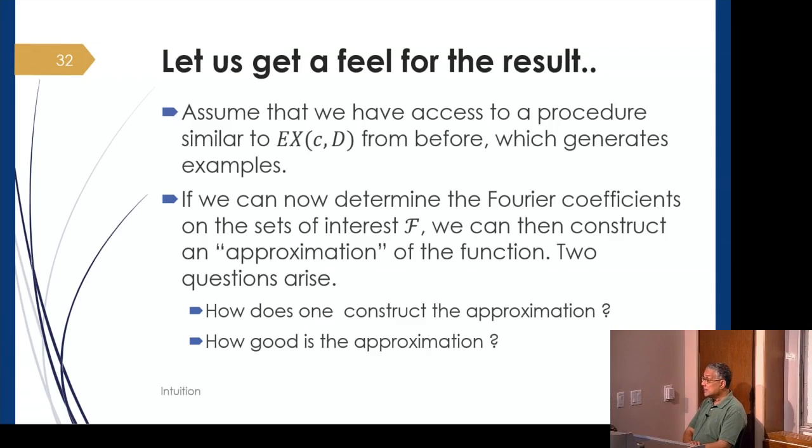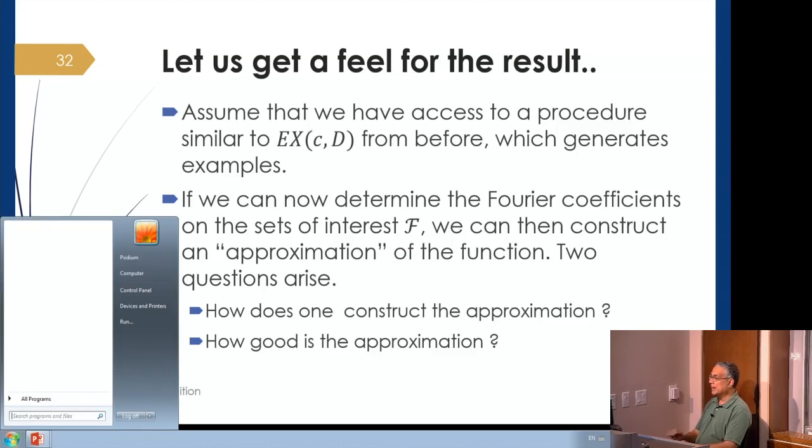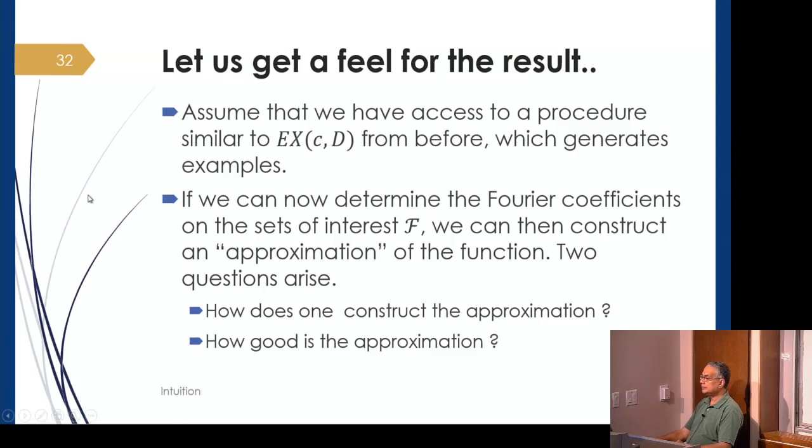So we are implicitly still using such an oracle, and if we can generate the Fourier coefficients that matter, which we left as a conditional statement, saying we may somehow be able to find them, then two questions arise. First, how do you build this approximation? And then second, how good an approximation is it?